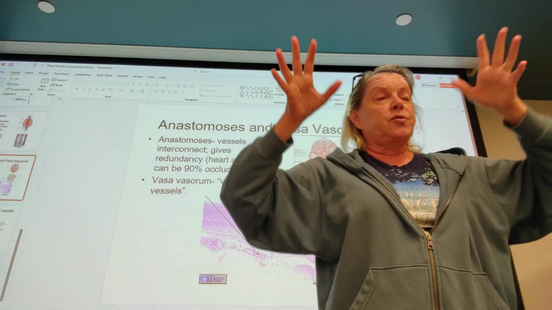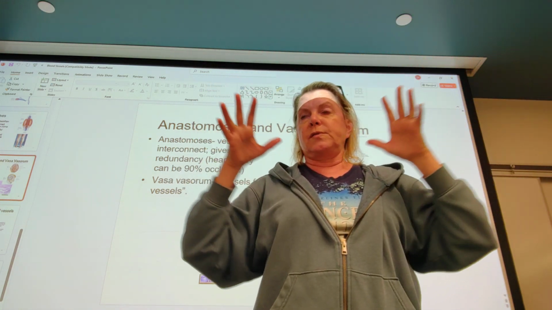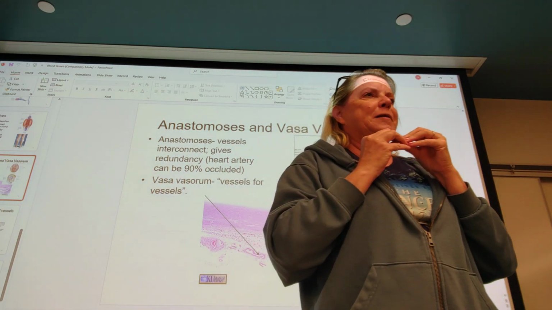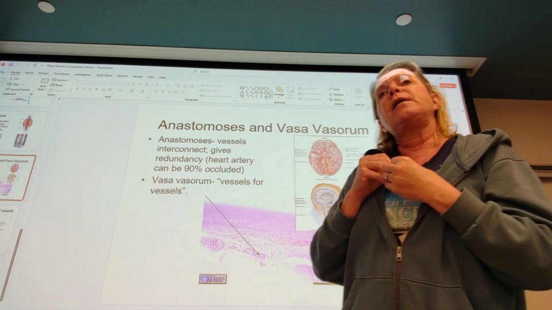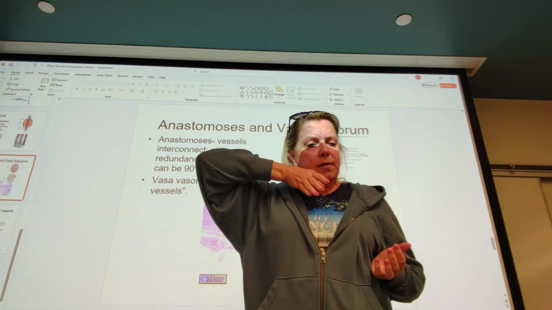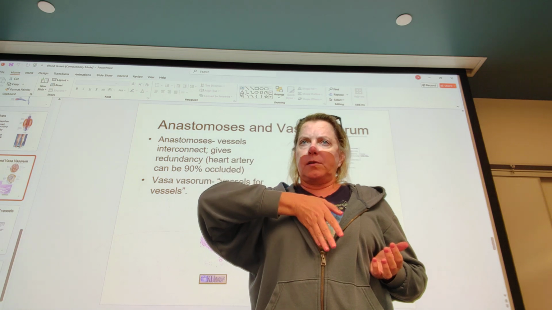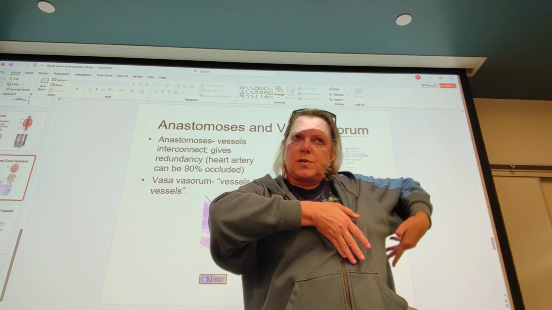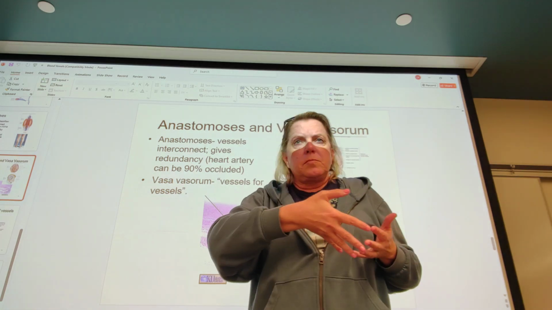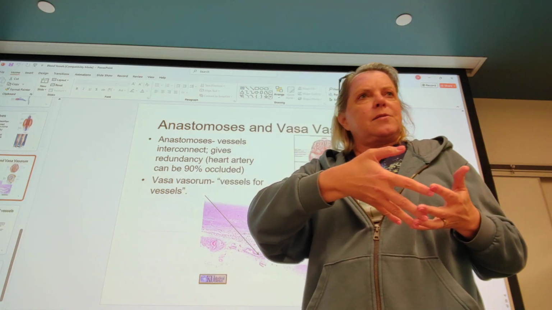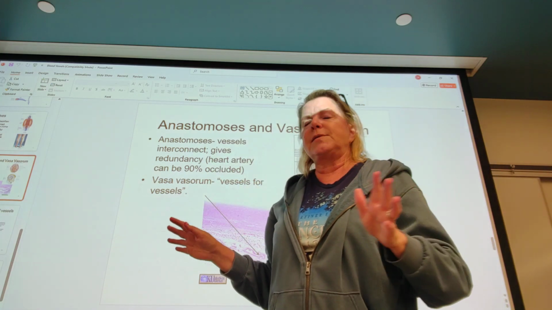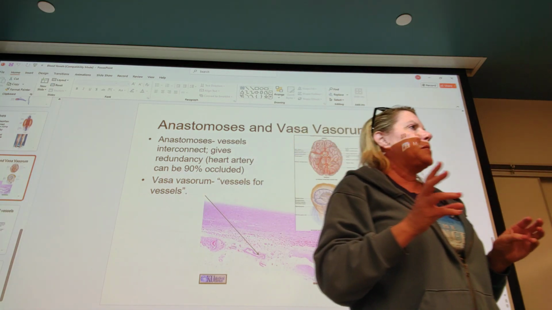It is a huge traffic circle with all sorts of redundancy. It is the circle of Willis, correct. You also have anastomoses when, if you remember from yesterday, the anterior interventricular artery and the posterior interventricular artery around the apex. In many people, there is an anastomosis where they connect. Not everyone has that, but in some people there are.